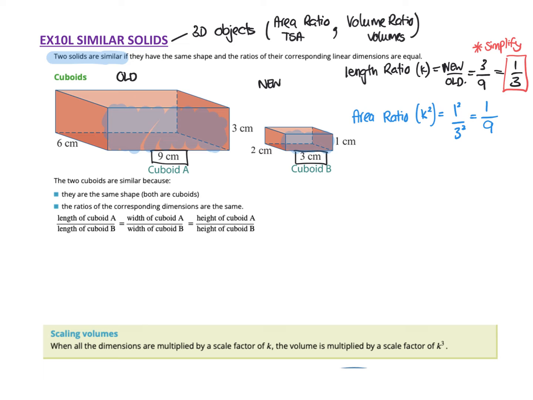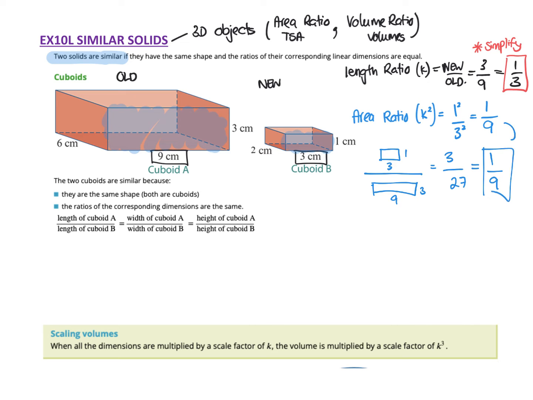So let's have a look. I'm going to use the small box, which is a 1 by 3, and the larger one, which is a 9 by 3. 1 times 3 is 3, and 3 times 9 is 27. If you simplify that, we get 1/9.